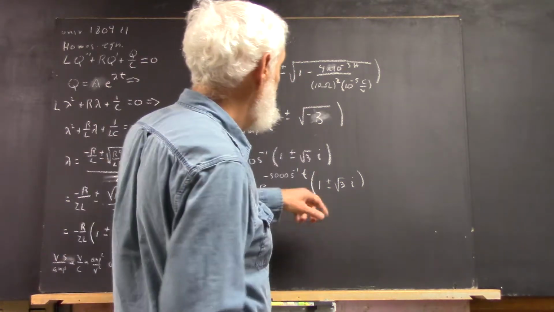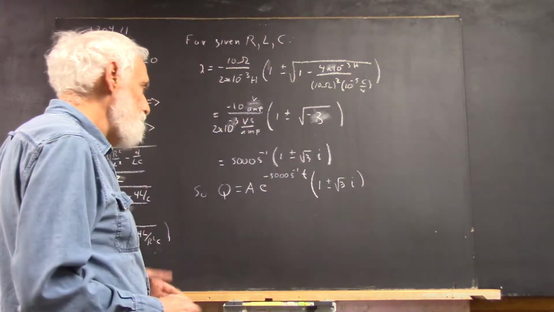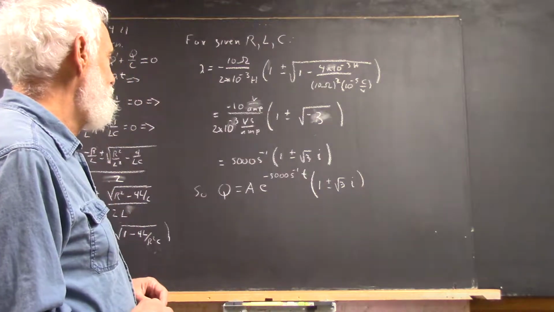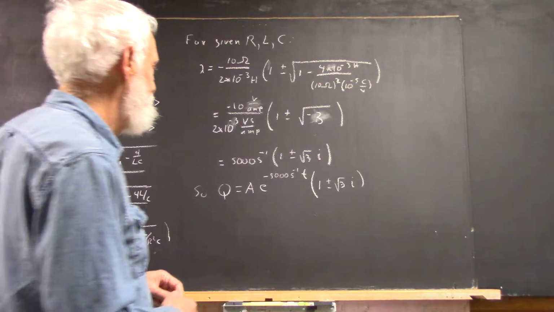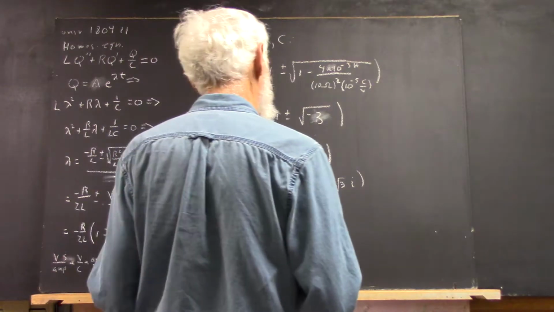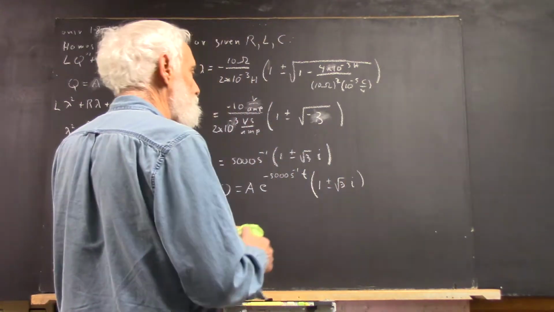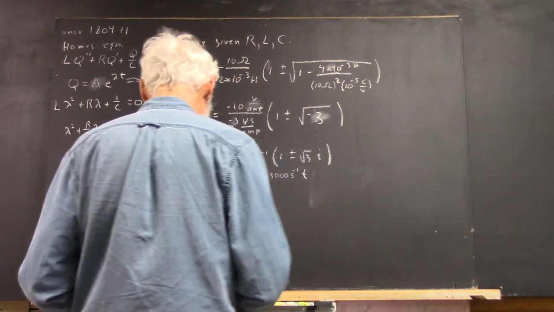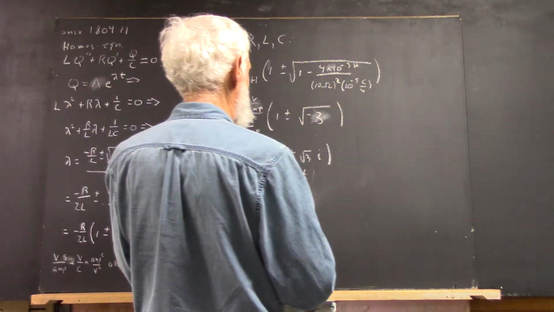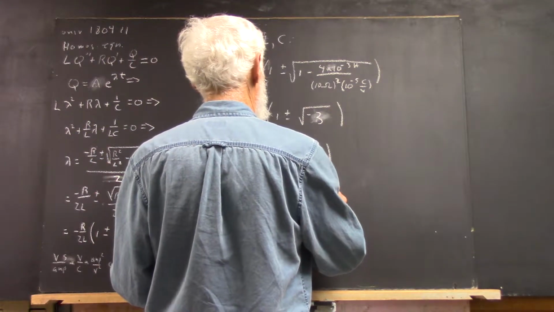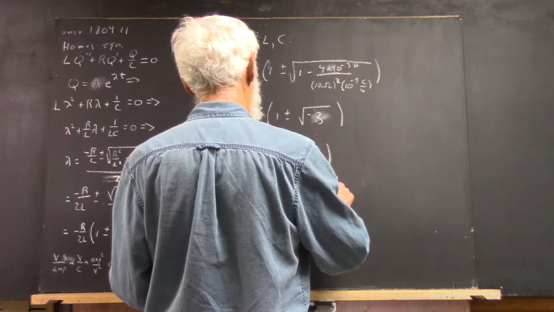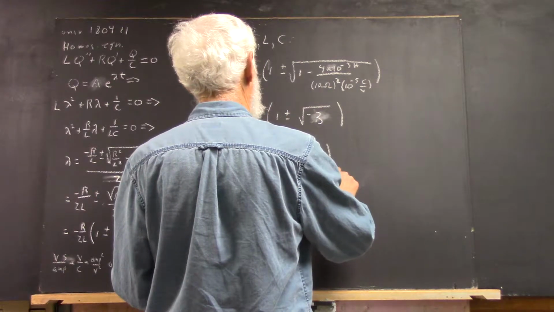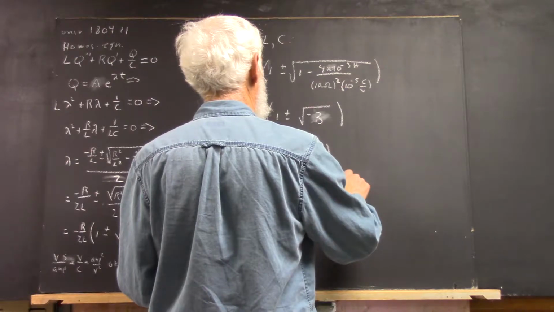And it's e to that power, e to the 1 plus or minus square root of 3i. So it's that times e to the plus or minus square root of 3i.